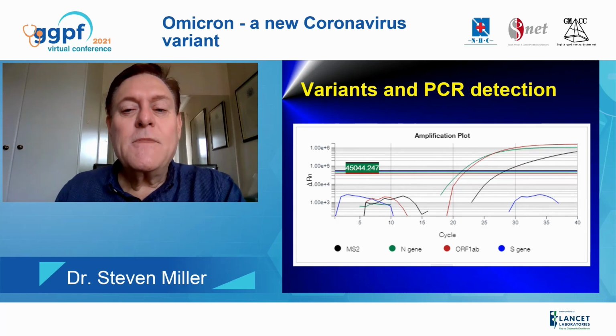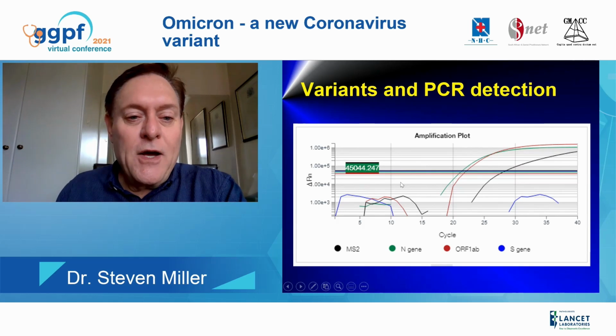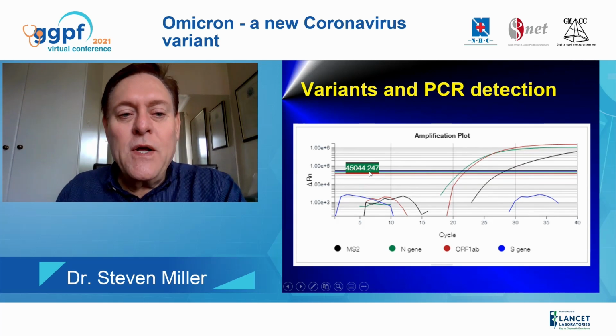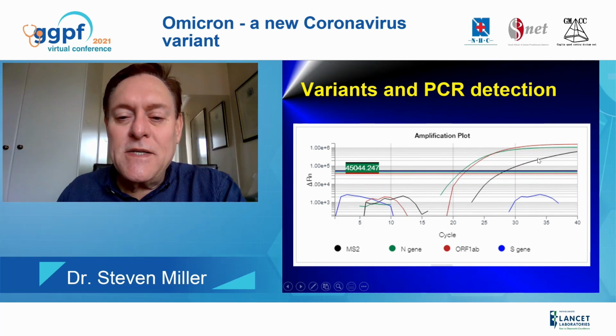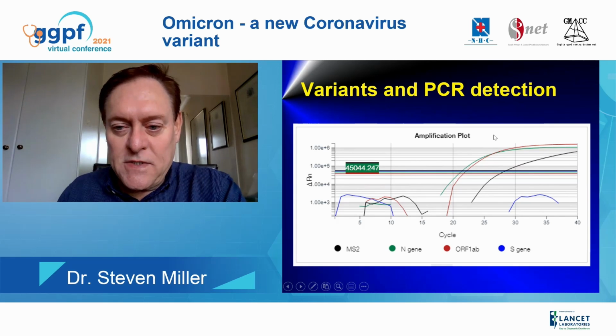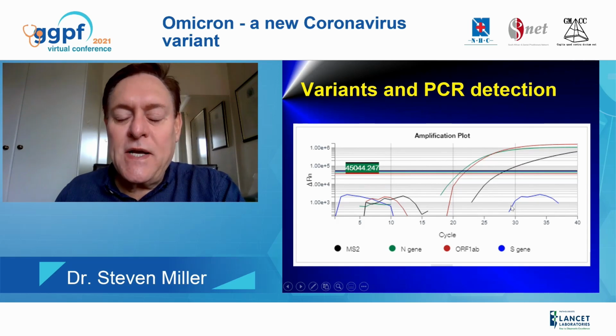So just to quickly walk you through this here, I hope you can see the arrow, which is tracing this blue horizontal line. That is what we call a threshold of detection. And these various colored lines that you see over here are the amplification results and detection results of certain targets.